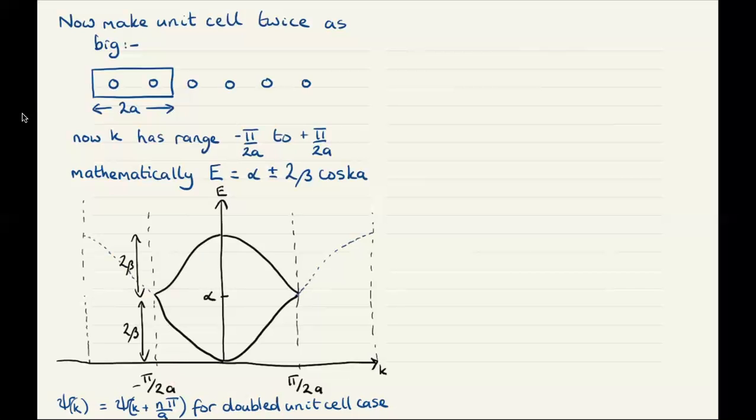If we want to look at the intuitive picture of the combinations of atomic orbitals that give rise to this band structure, then we can work in terms of bonding and anti-bonding combinations of the unit cell. So we see that the unit cell now contributes 2 bands.